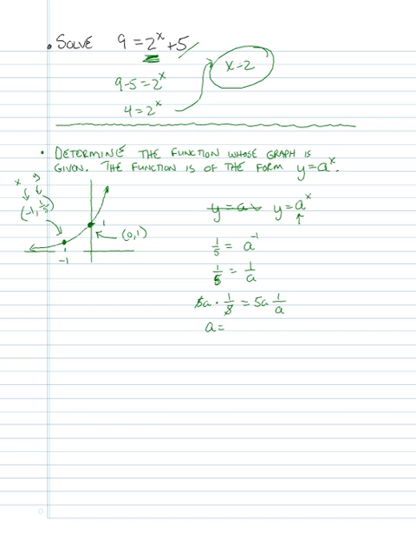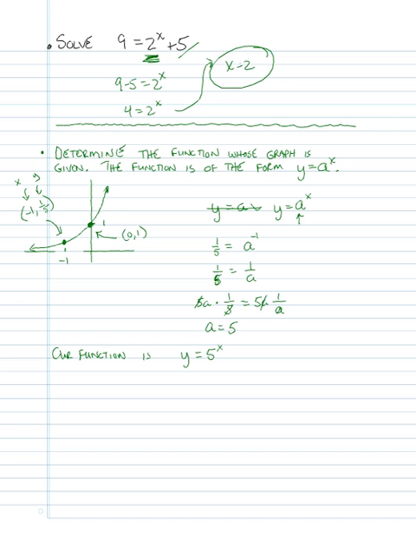And on the right side, the a's are going to cancel, leaving 5. And so that tells us that our function, we know the a value now, don't we? Our function is y is equal to a, which is 5, to the x power. That's the function whose graph we are looking at.